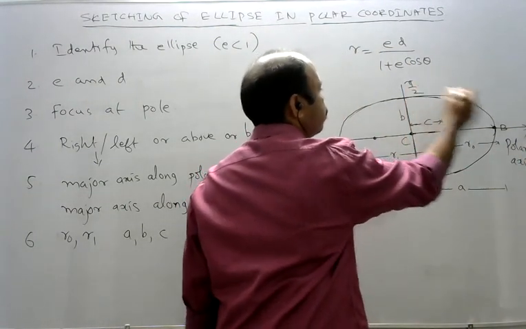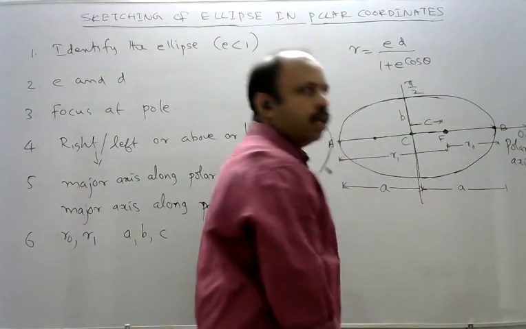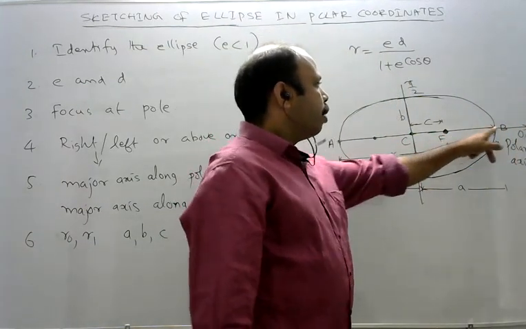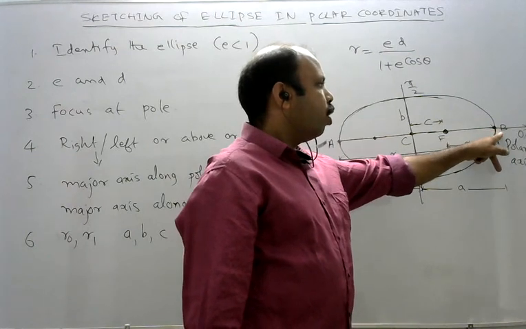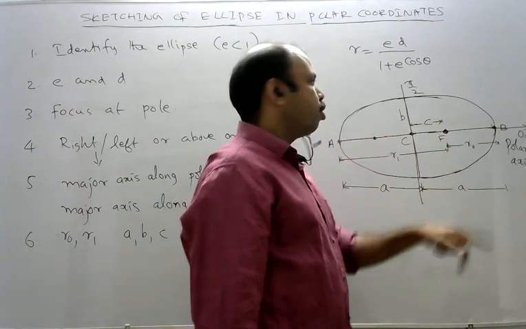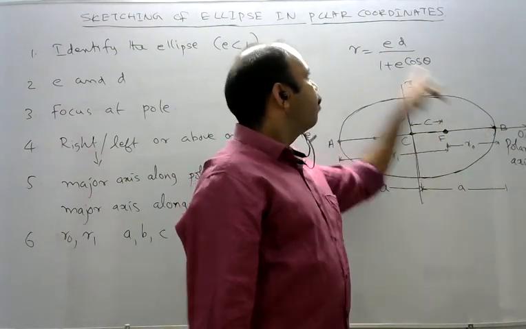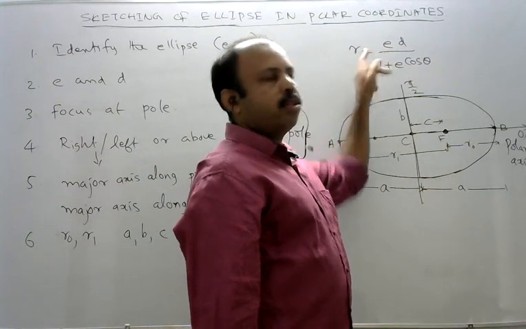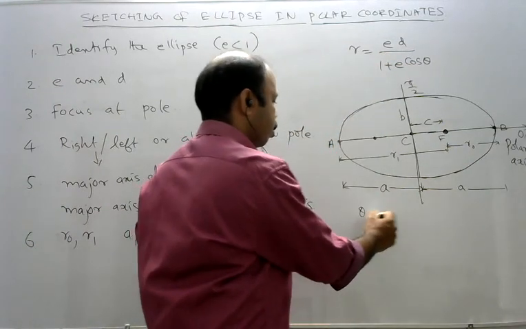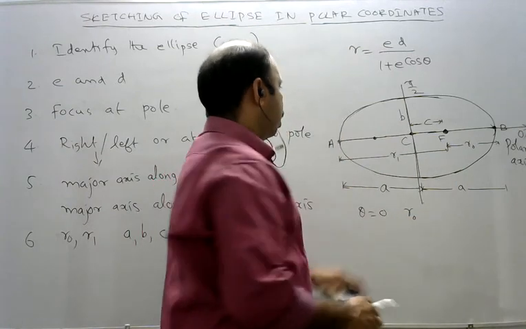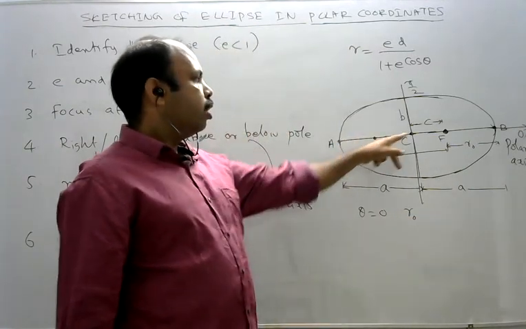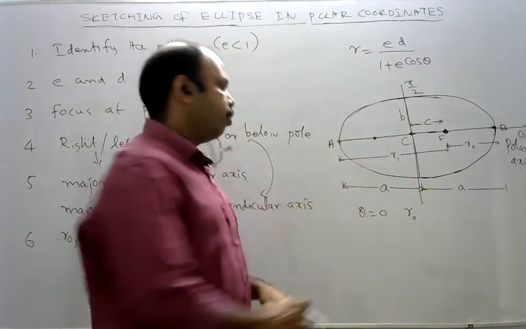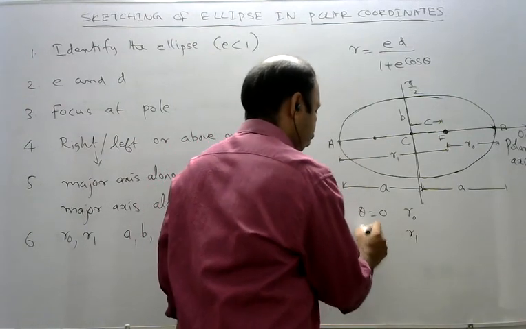This is pi by 2. This is theta equal to 0. In this case, the point B is on theta equal to 0. So, in order to get this distance, we substitute theta equal to 0 here. So, for R0, theta equal to 0. Point A is on the line theta equal to pi. So, for R1, we substitute theta equal to pi.